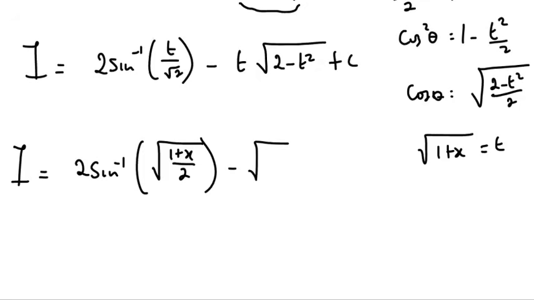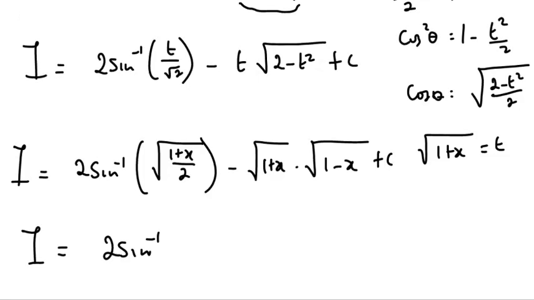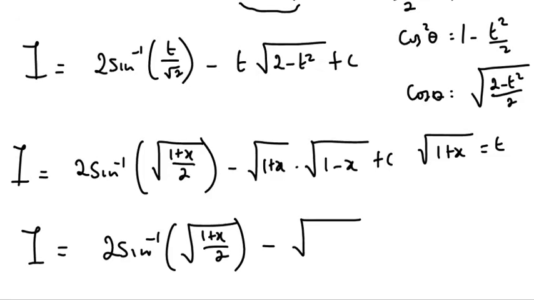Then minus square root of 1 plus x multiplied by the square root of, now 2 minus t squared is going to give us 1 plus x. So 2 minus 1 plus x is giving us 1 minus x, and plus c. We can multiply the radicals together. We finally get 2 inverse sine of square root of 1 plus x divided by 2 minus the square root of the difference of 2 squared, that will give us 1 minus x squared, and hence plus c.